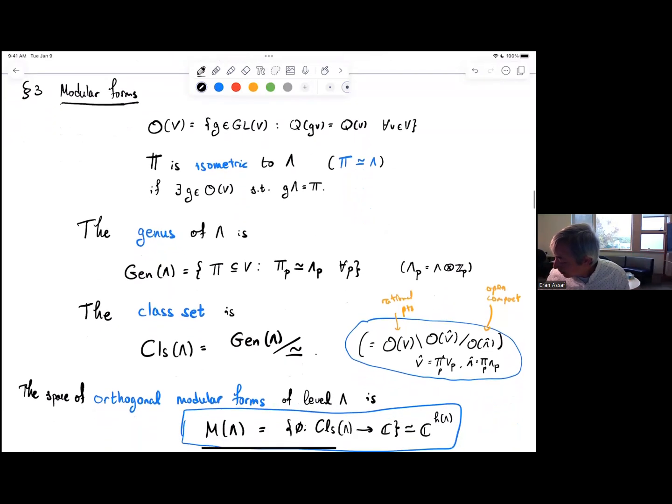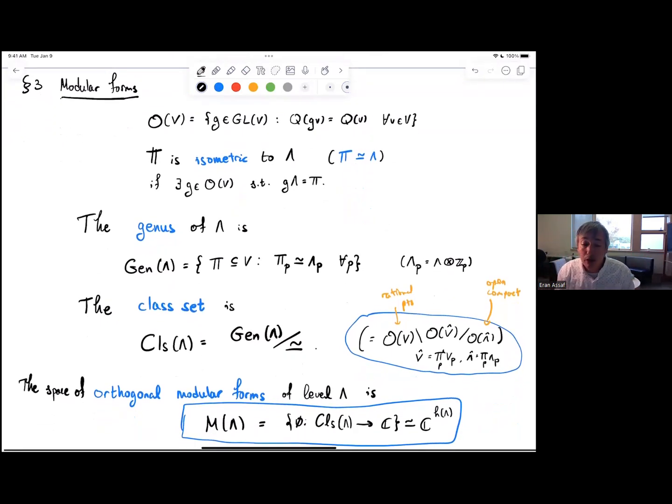Okay. So our space of orthogonal modular forms of level lambda, our lattice, will just be functions on this class set. Okay. So now I can really talk about subtracting two lattices. This is a vector in my vector space, right? It's just the difference between two characteristic functions.